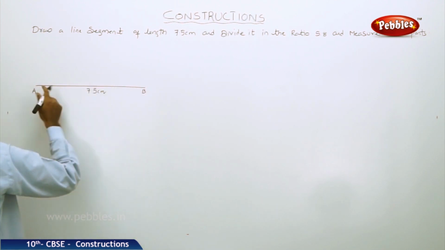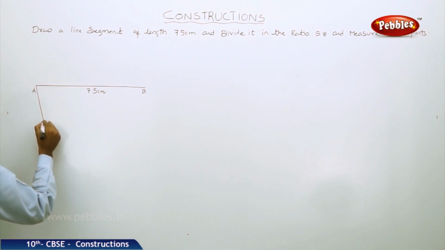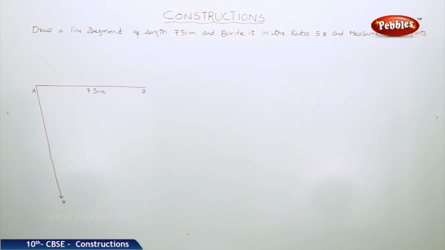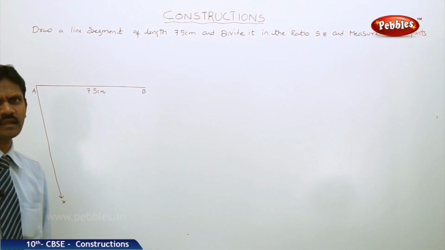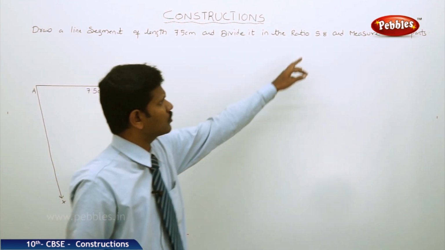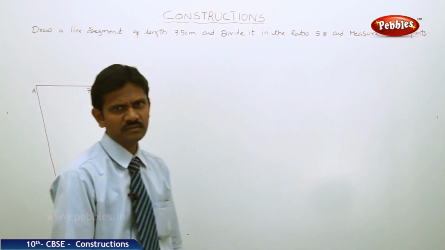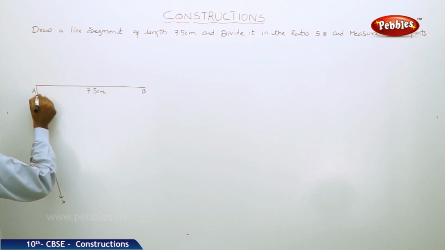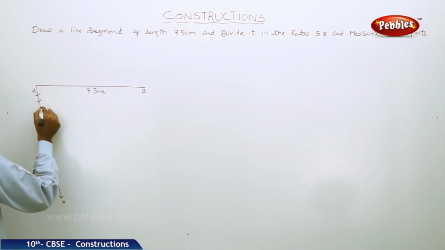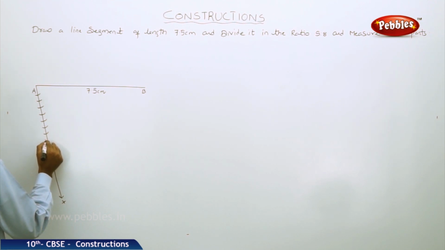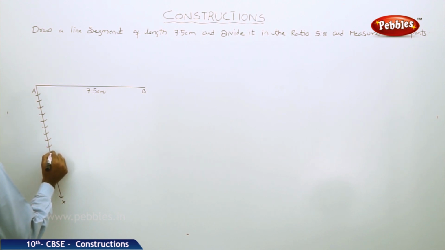Draw an angle BAX, an acute angle, and divide AX into 5 plus 8, 13 equal parts, that is 1, 2, 3, 4, 5, 6, 7, 8, 9, 10, 11, 12, 13.